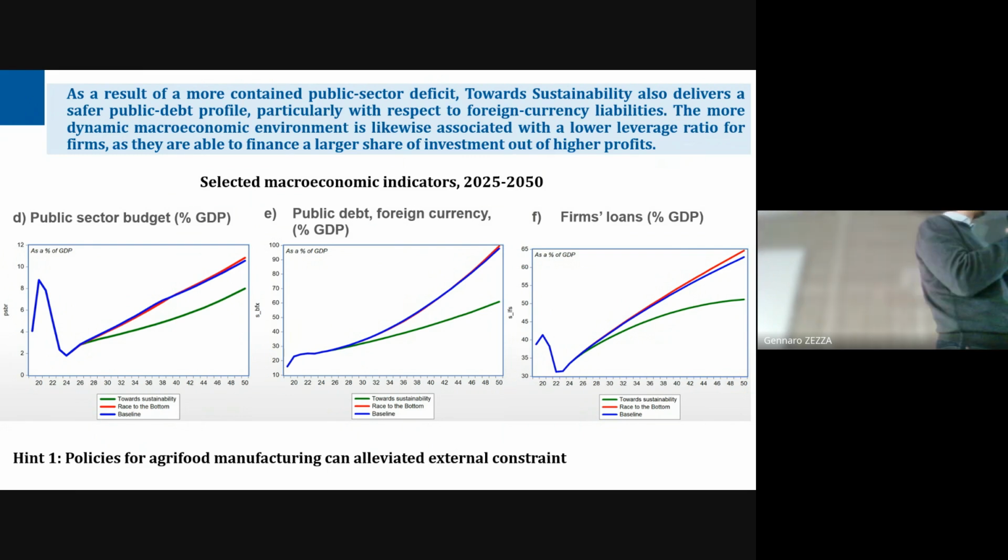But this positive environment in terms of lower budget constraint and lower debt is also experienced by the private sector, which enjoys higher taxes, thus has lower by the public sector budget, and then issues less foreign debt.